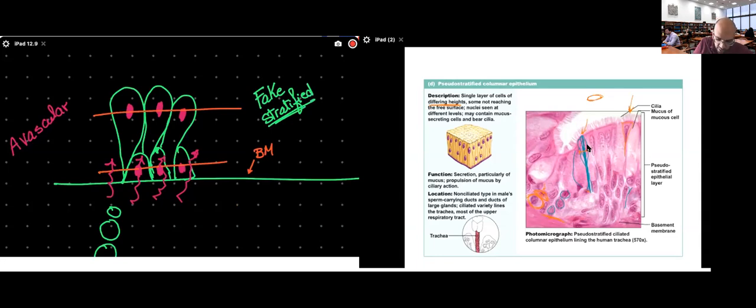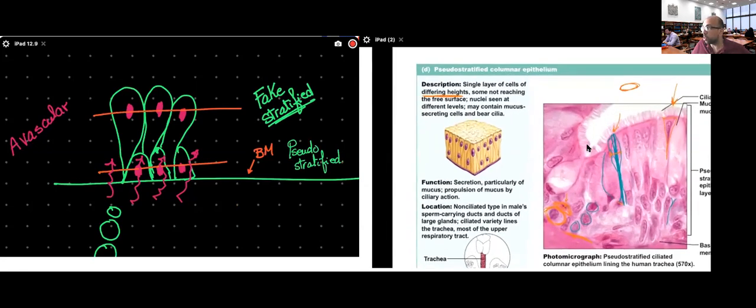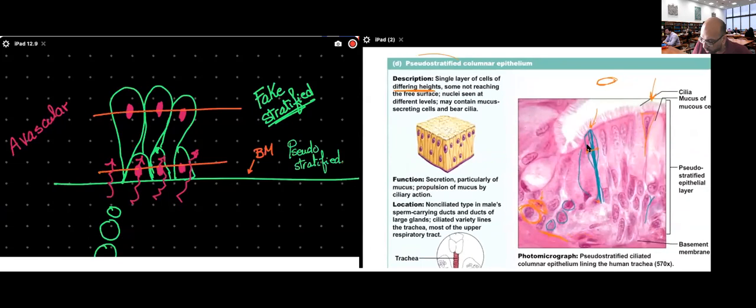Pseudo means it's fake. Pseudostratified epithelium. So we will not call it simple, we will not call it stratified, we will call it pseudostratified. And what is the shape of the apical cells again? Those cells are columnar. So what is the type of epithelium that we're looking at again? It's a pseudostratified columnar epithelium. Pseudostratified columnar epithelium is the type of epithelium that you can see on here.